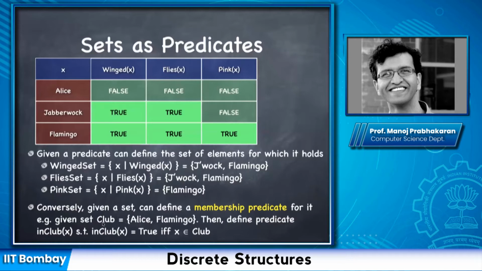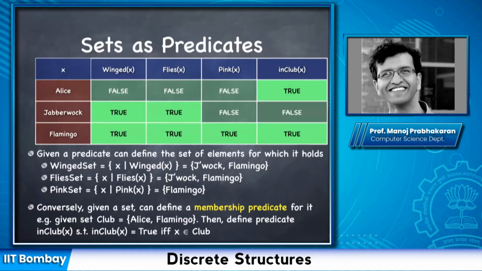And then I could define a predicate which is true only for Alice and Flamingo and is false for Jabberwock. So this new predicate in club assigns true to the members of the set club and false to others. So this predicate is a membership predicate that corresponds to the set.